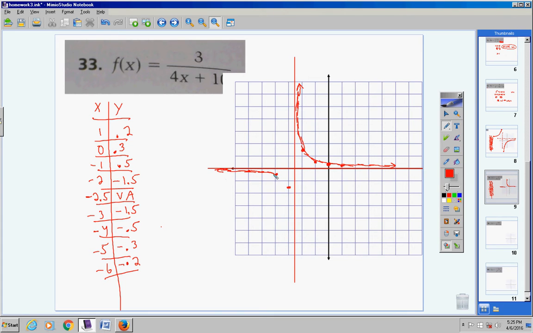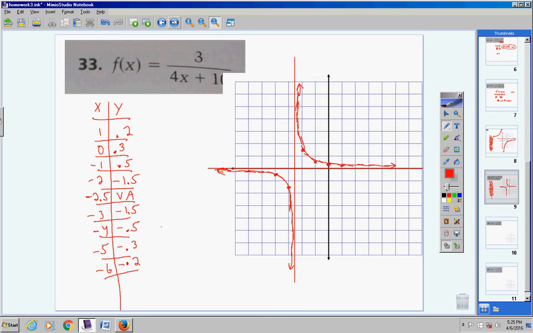And it's getting closer and closer to your vertical asymptote, but it's never going to touch it. Okay? And there we go. We've got our graph. Alright? So that's it, guys. Again, follow the steps. Find your vertical and horizontal asymptotes first, then find your x and y intercepts, then fill in your table of values based on your vertical asymptotes, and you should be fine.